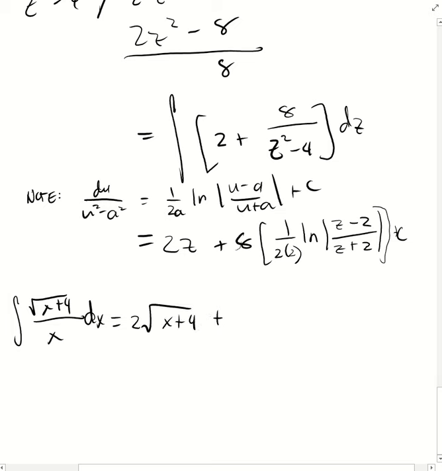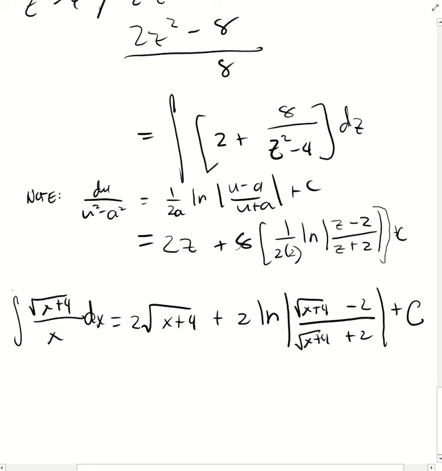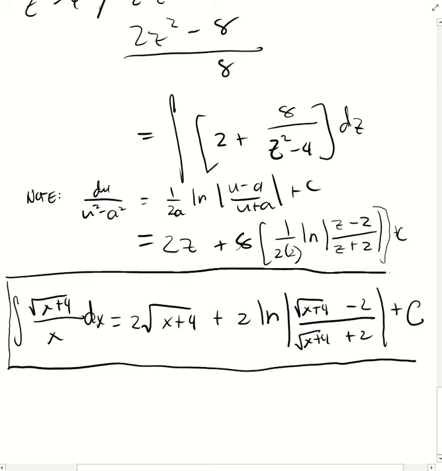Then plus 8 divided by 2 times 2. 2 times 2 is 4. So 8 over 4 is 2. So 2 ln of the square root of x plus 4 minus 2 all over the square root of x plus 4 plus 2, plus c. And this is now the integral of square root of x plus 4 over x.